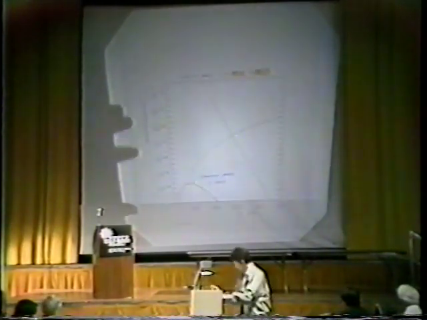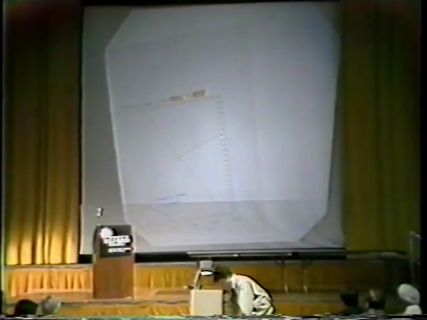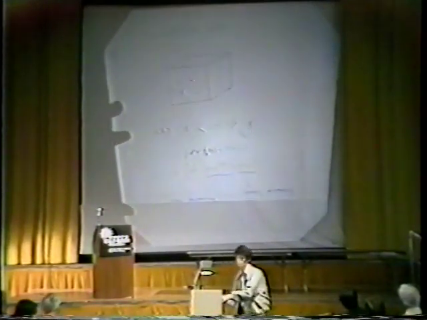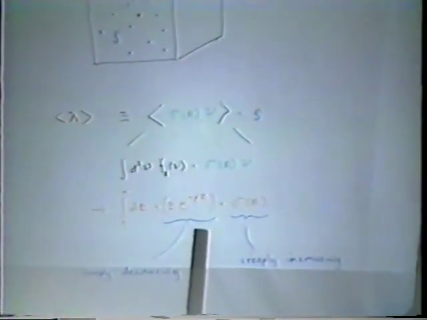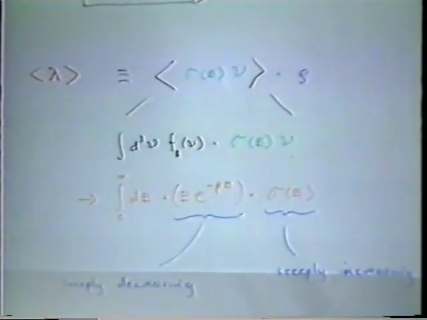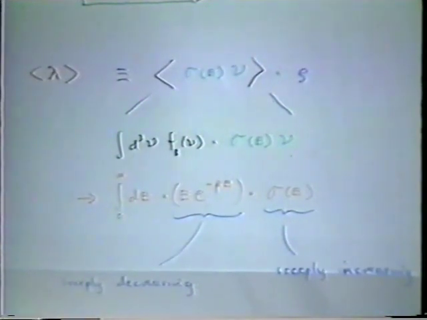Just one thing that needs to be emphasized. Perhaps I should go back to the previous transparency. When you're performing a thermal average, particularly in the environment of hot plasma, you have two exponentials in your summation, essentially. You have a strongly decreasing exponential resulting from the strongly decreasing probability of occupying a certain state of certain energy.